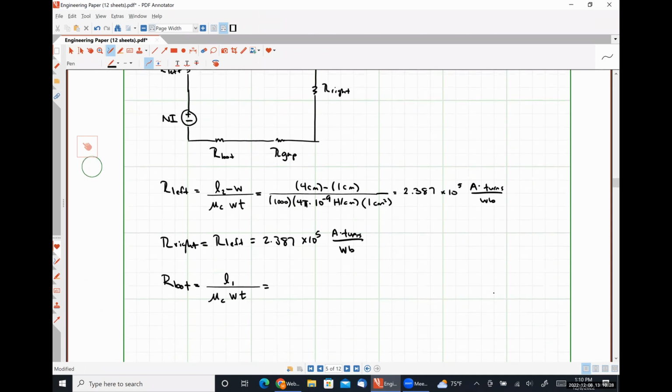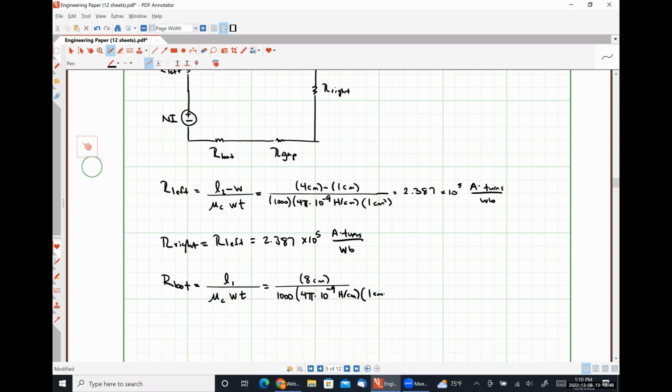L1 was given as 8 centimeters, I believe. And then we have 1,000 times 4 pi times 10 to the minus 9 henries per centimeter.